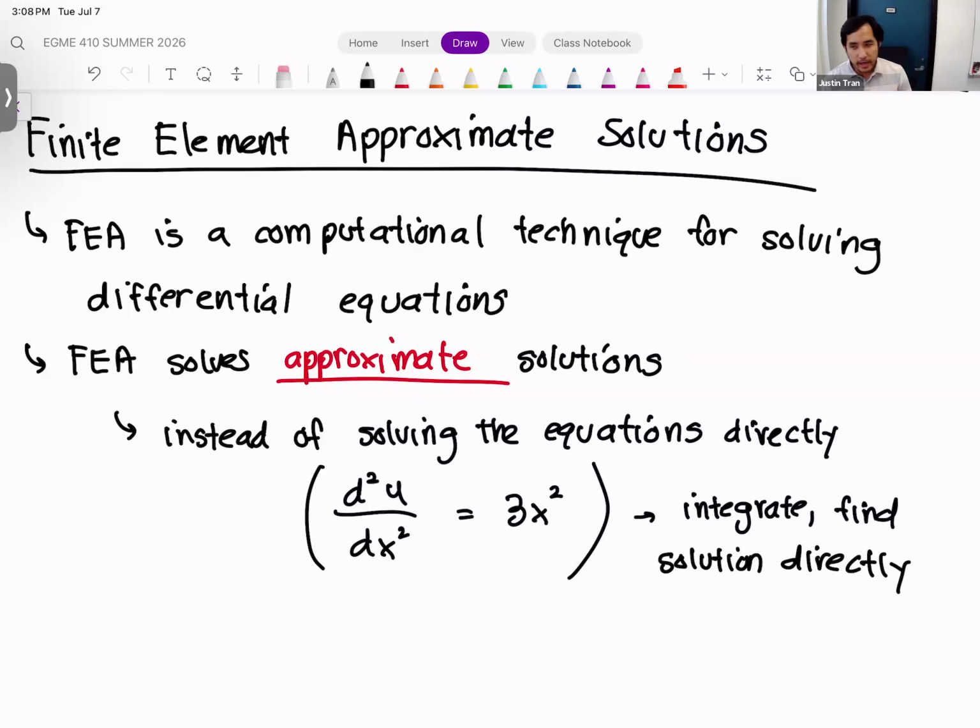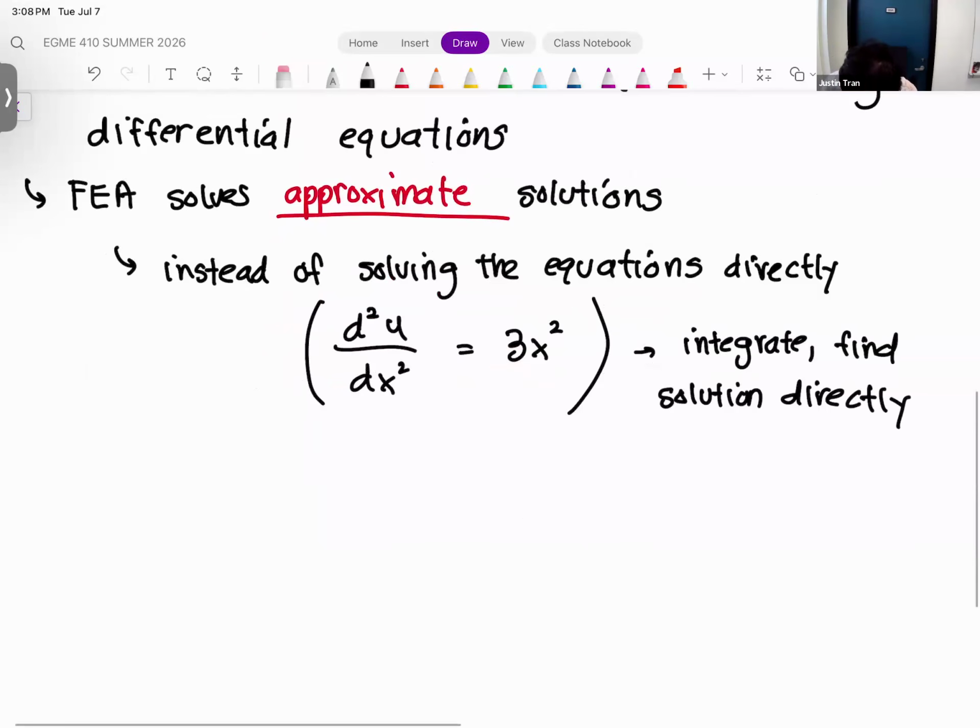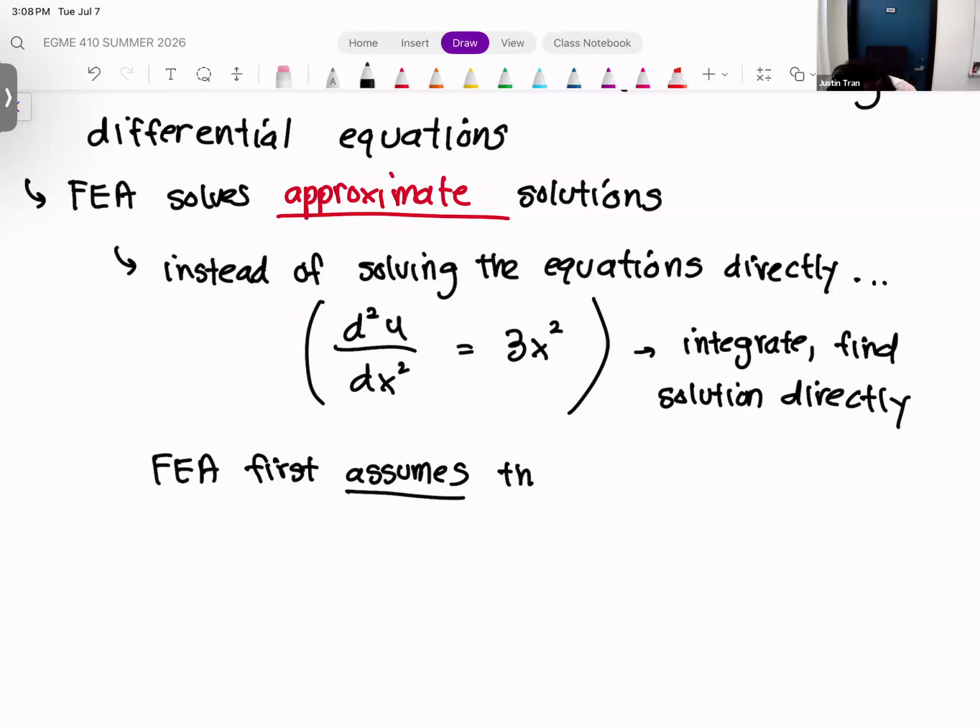But FEA doesn't actually work like that. FEA doesn't solve these equations directly. What it does instead is first assume what's called a form of the solution. Before we even start solving the problem, FEA says, all right, we're going to find the best linear function that solves this equation.